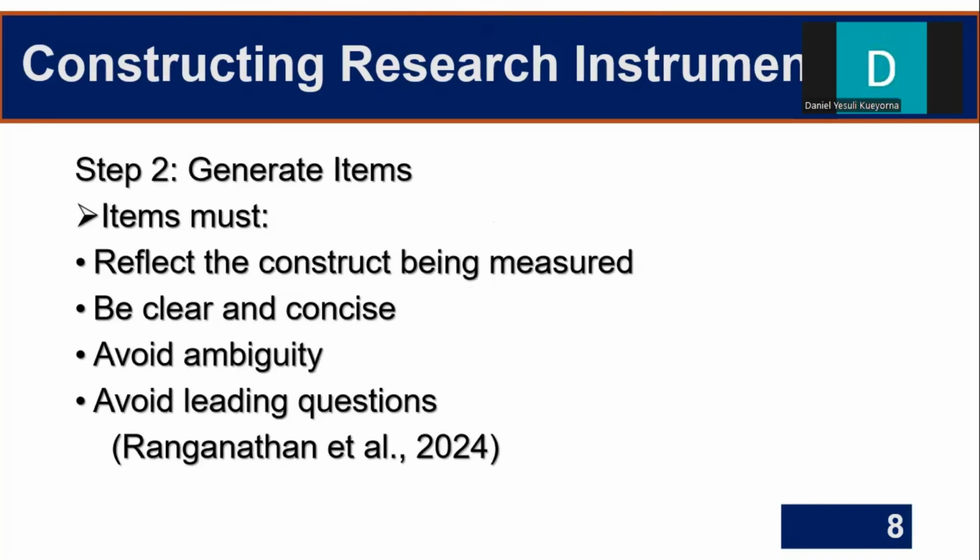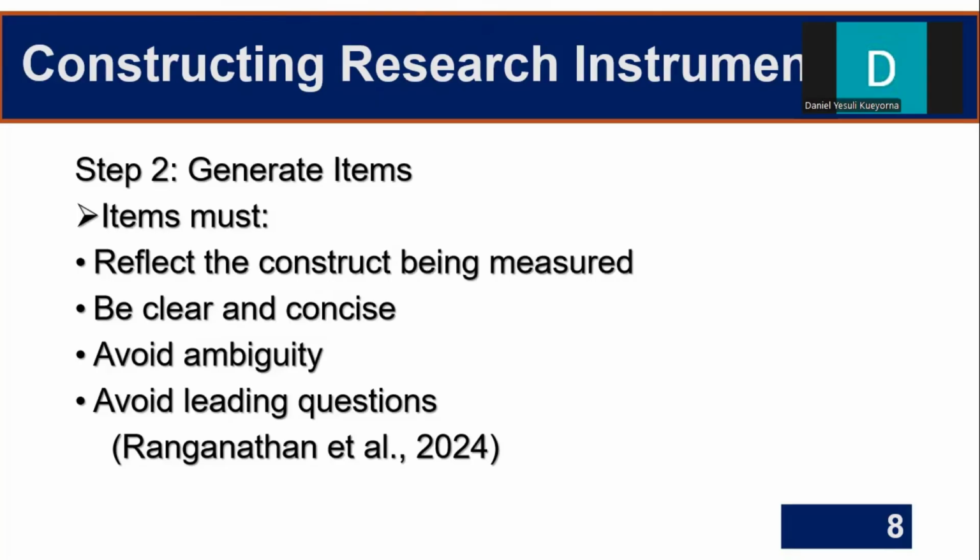Now, let's look at step 2. You have to now generate the items. And the items must do what? Reflect the construct being measured. And then it should be clear and concise, avoid ambiguity. So it should be clear and concise, be brief, and you should avoid vagueness.